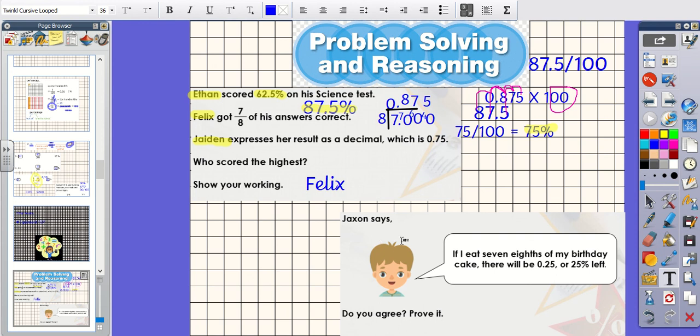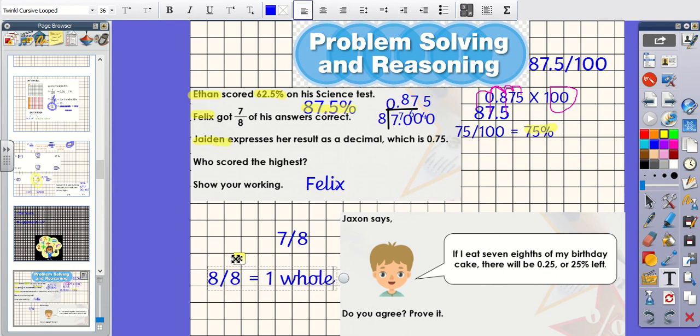Okay, let's have a look at this next one then. Jackson says, if I eat 7 8ths of my birthday cake, there will be 0.25 left or 25% left, okay? So if Jackson eats 7 8ths, we know that for this whole cake, 8 8ths would equal 1 whole, okay?